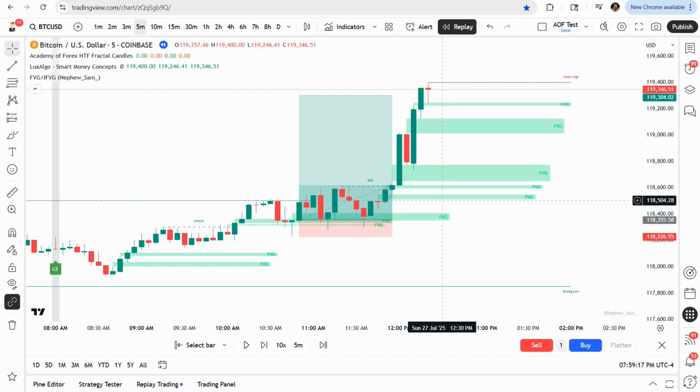So we didn't put it against the Academy of Forex indicator and the higher time frame fractal candle. This is just a standalone indicator itself using the new Academy of Forex higher time frame fractal candle indicator, along with a few other indicators to have that kind of smart money concept type strategy setup.